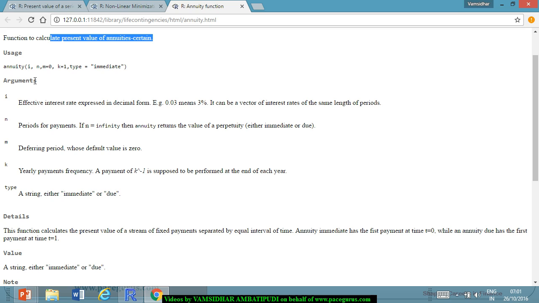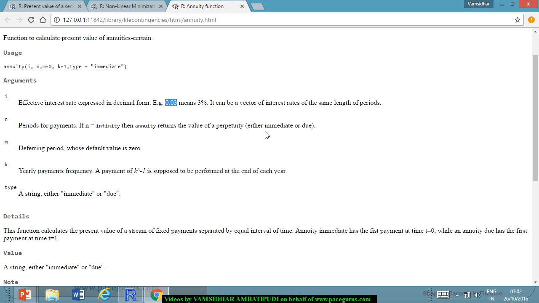Now if you see the input, the first input that I have to give is i, the effective interest rate. I have to specify the effective interest rate in decimal form. I should not specify it as 3%. I have to give it as 0.03. If for the entire period the interest rate is the same, I can give it as one single value.